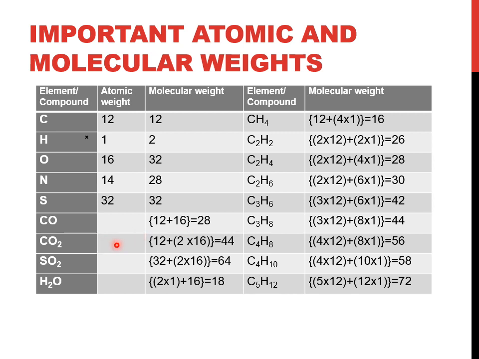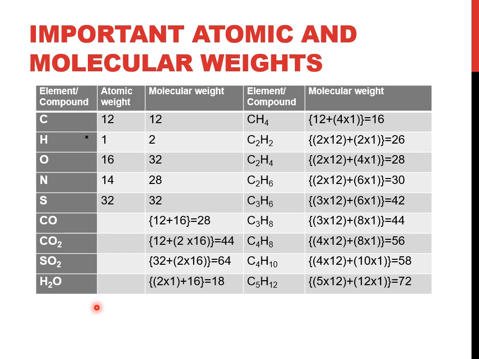Next is carbon dioxide, one carbon, so here we have 12 plus 2 oxygen atoms, so it is 2 into 16, that is 44. Sulfur dioxide, it is sulfur 32, 2 oxygen atoms, so 2 into 16 is 32, plus 32, this comes out to be 64.